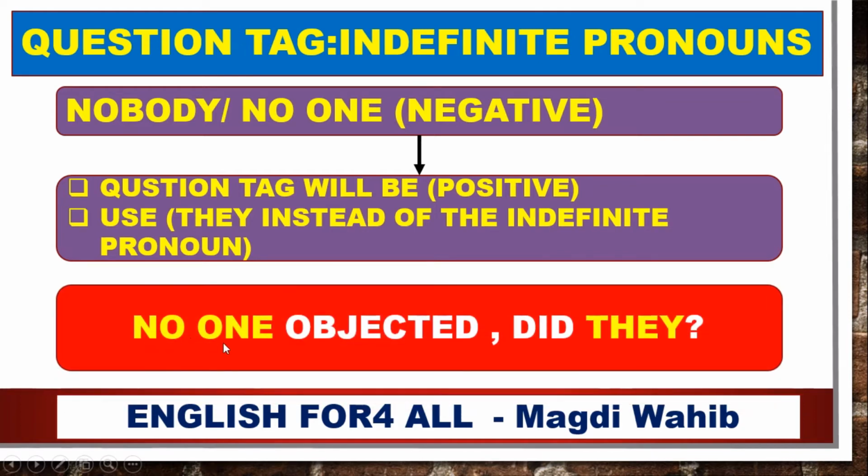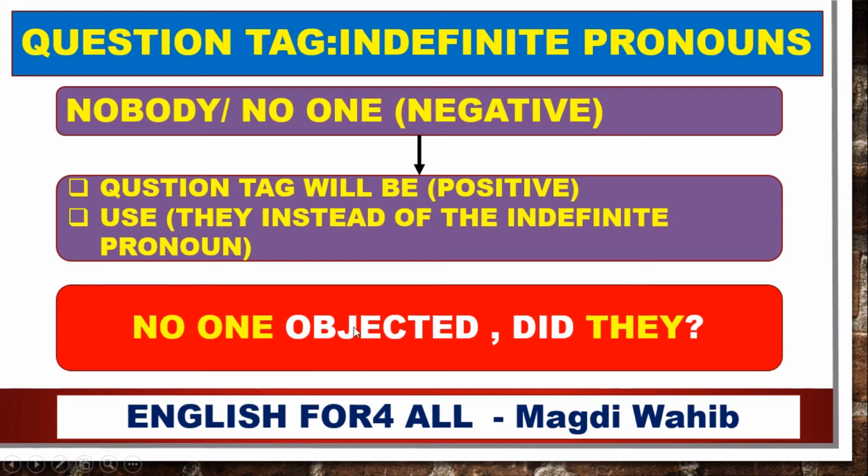Okay, let's have an example. If we say no one objected, no one, actually we don't know who that one is, he or she, or they were a group or whatever. So since we don't know the person, whether a girl or a boy, a man or a woman, it is an indefinite pronoun. We change it into they in the question tag, and we keep the other rules.